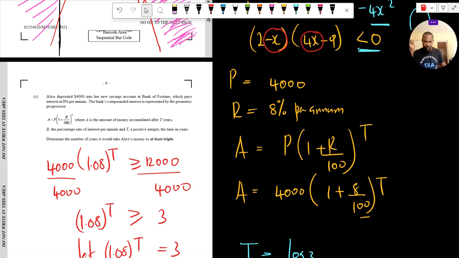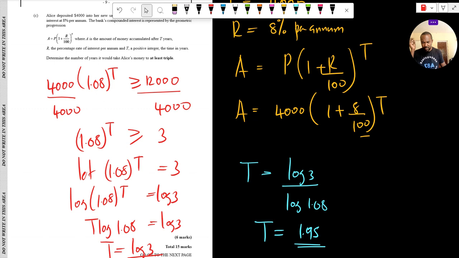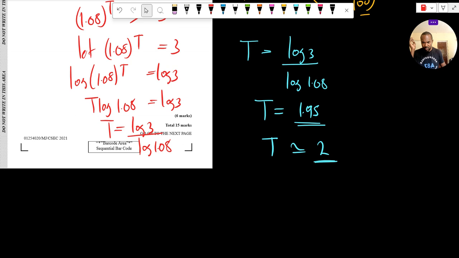Therefore, 4,000 times 1.08 to the power of T must be greater than or equal to 12,000 because it says at least triple. So 1.08 to the power of T must be greater than or equal to 3. Something is not right here. So T log 1.08 equals log 3, and T equals log 3 over log 1.08.